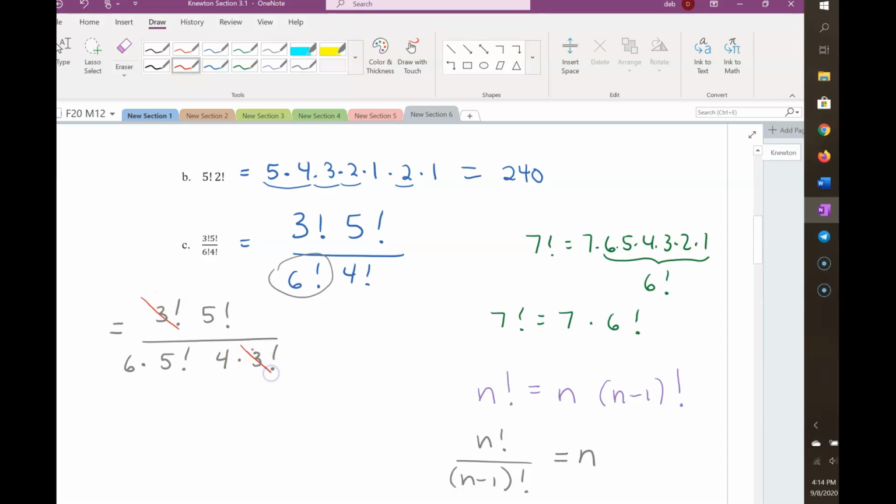So then you can see that the 3 factorials cancel and the 5 factorials cancel, and you get 1 over 24 with a lot less effort and not any giant numbers that you would get by actually figuring out the factorials. So that's all there is to section 3.1. And then in 3.2 we'll be using factorials to do other things with.